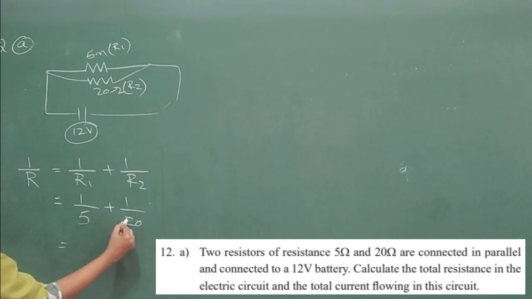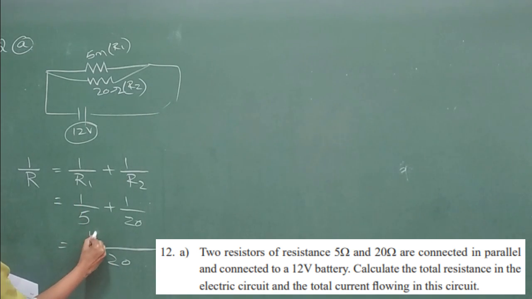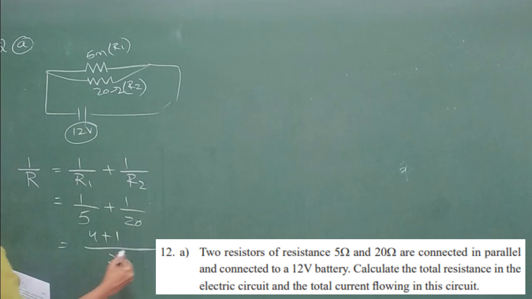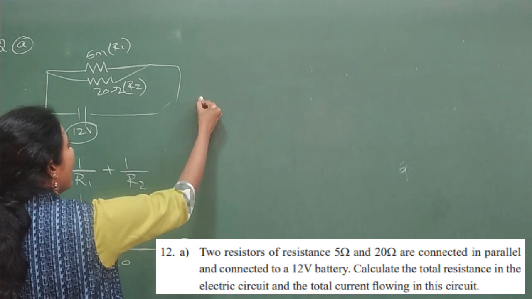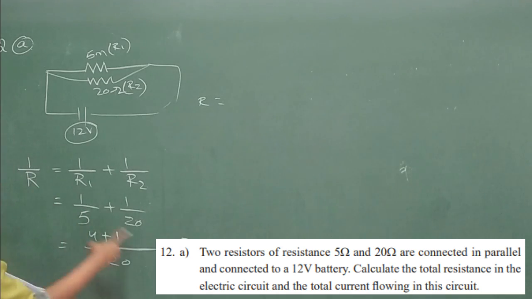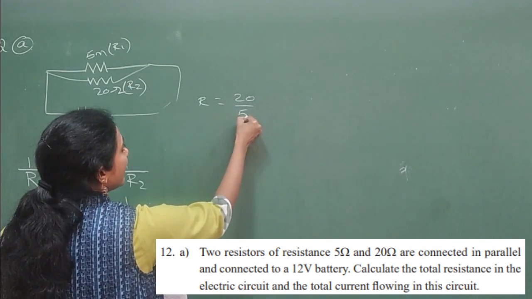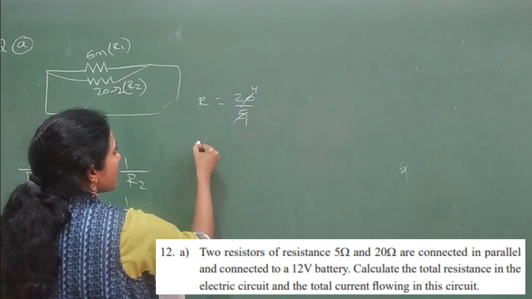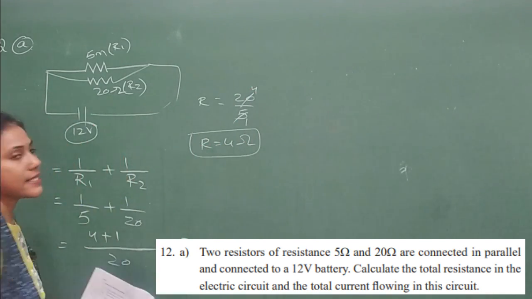What is the LCM that you can take? 20 is the LCM. 5 fours are 20, so 4 and here 1. So 5 by 20. So 1 by R is equal to 5 by 20. So R is equal to 20 by 5, right? 5 fours are 20. So R is equal to 4 ohms. So this is the total resistance.